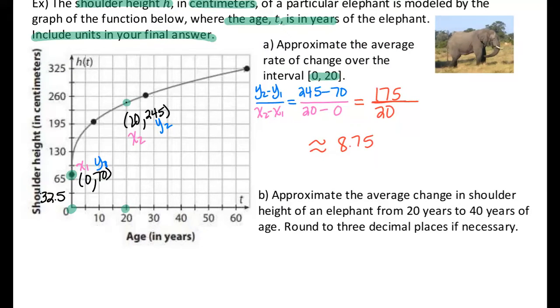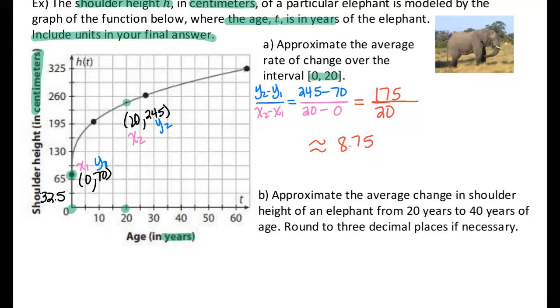So to determine the units, notice we're subtracting the y's over the x's. So for my units, I need the y's over the x's. If I look at my context over here, my y has a unit of centimeters and my x has a unit of years.